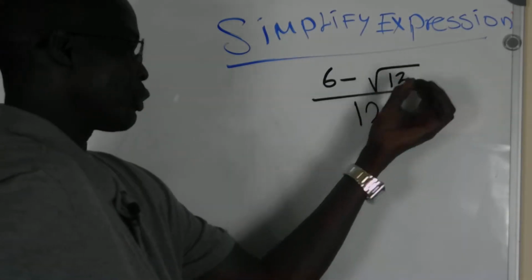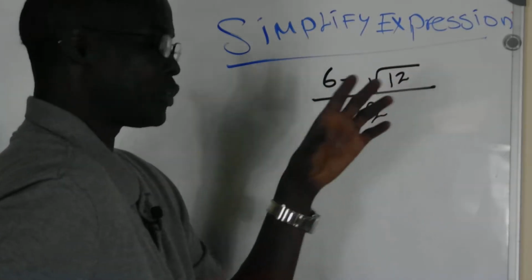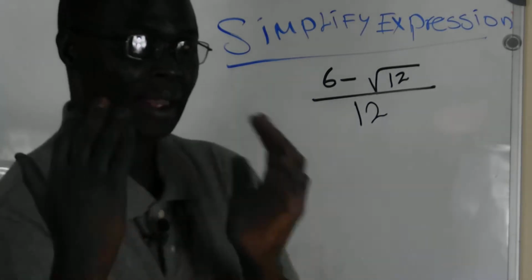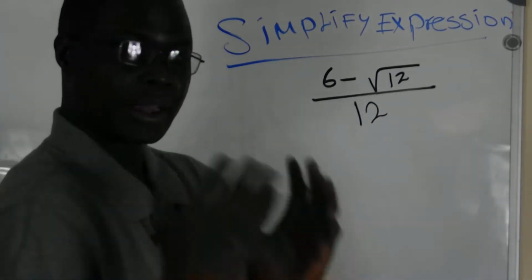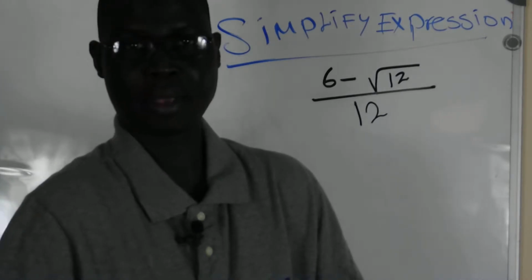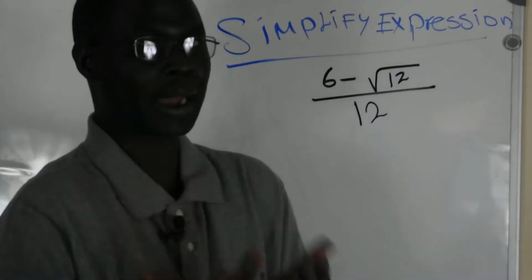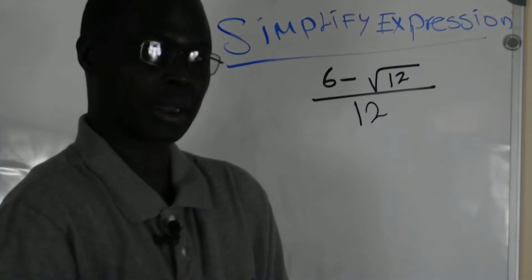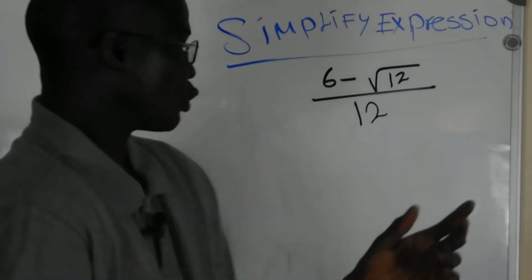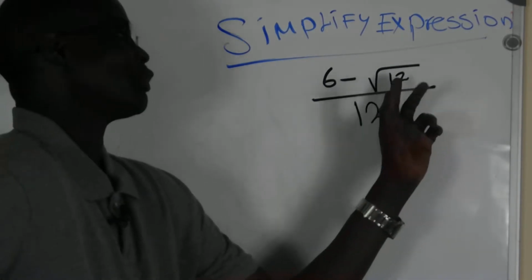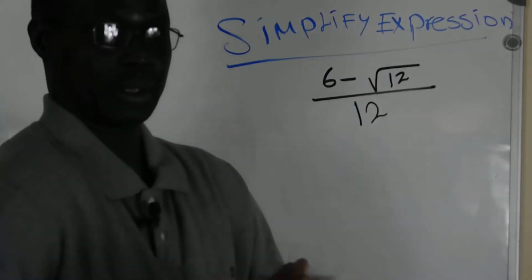Inside the root here, we look at the number. If I ask you what number times what number gives you 12, it's so simple. It can be 1 times 12 or 12 times 1, but there are different numbers. What we can see here is 4 times 3.